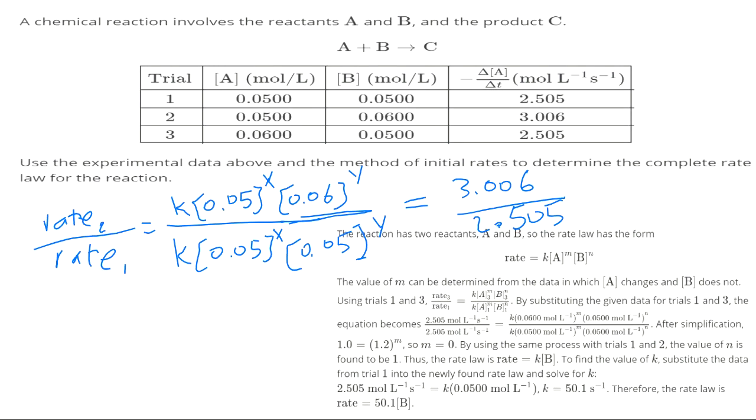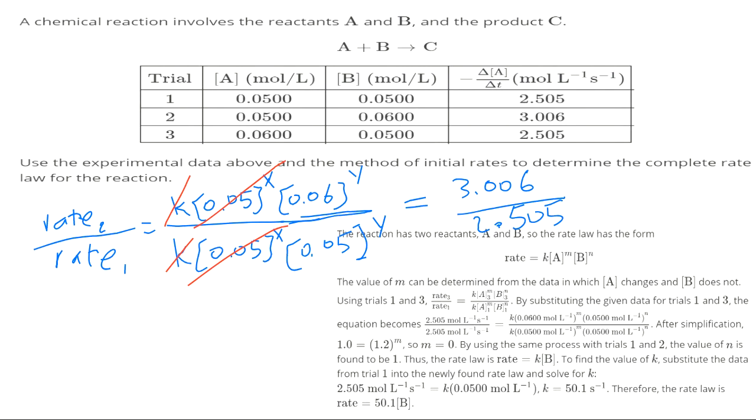The value for 0.05 to x is going to be simplified with this one. At this point, we do know the value for x, but in case we made a mistake in determining the value for x, we are not using the found value for x. We're just going to simplify it.